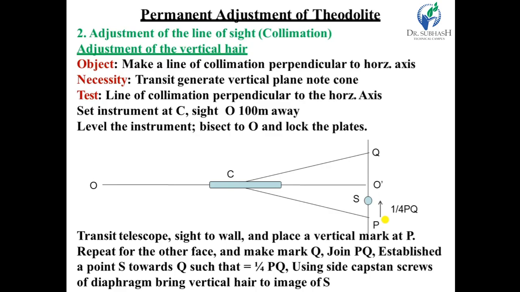Transit the telescope and sight to O again, and place a vertical mark at P. Repeat for the other face and make a mark Q, such that the distance is one-fourth of PQ. Using the side capstan screws of the diaphragm, bring the vertical hair to the image of S. So our vertical hair is truly vertical with respect to the horizontal axis.